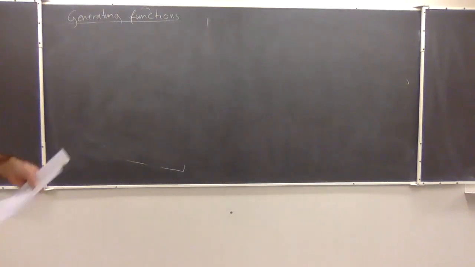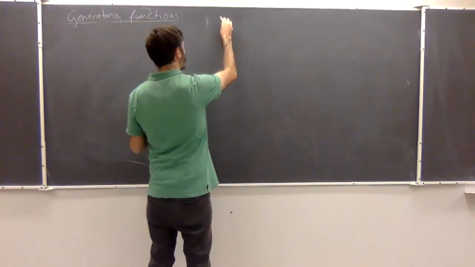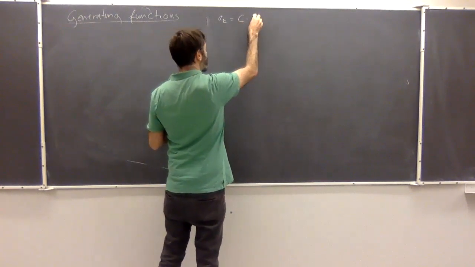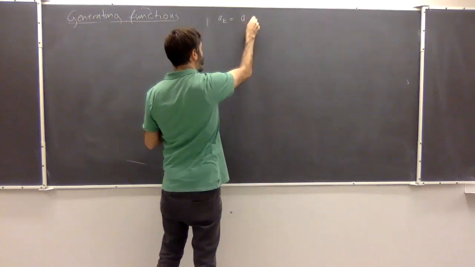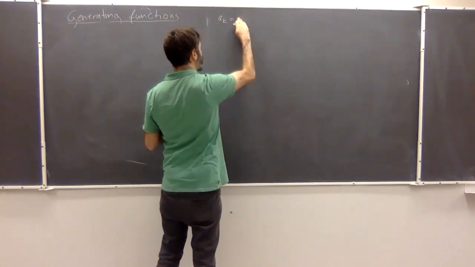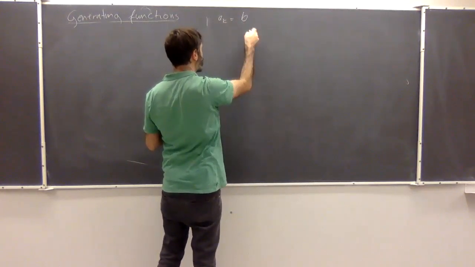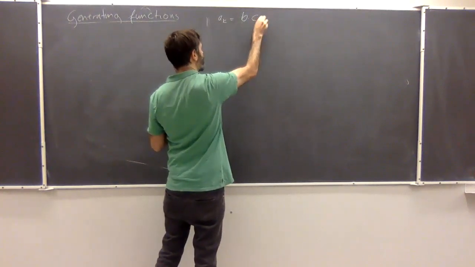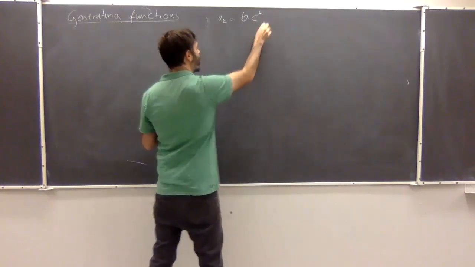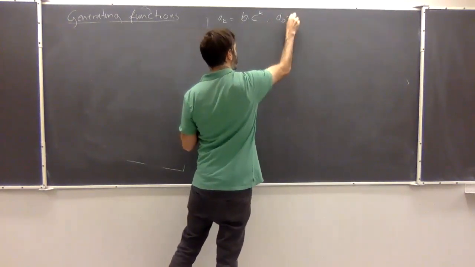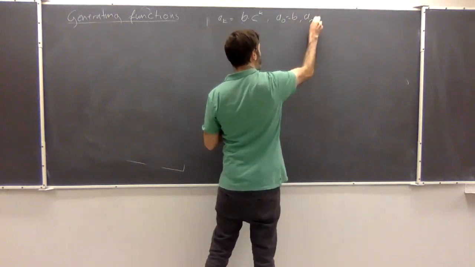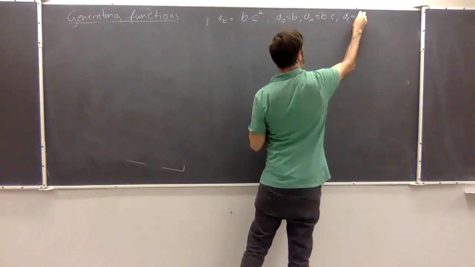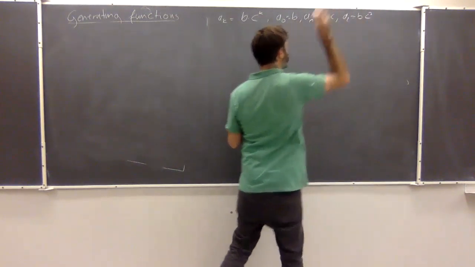So let's make a note of what we have. A sequence a_k equal to a constant a times, maybe you should call this constant b so you don't mix it up with the a from the sequence, a constant b times c to the k. And that means that a0 is b, a1 is b times c, a2 is b times c squared.